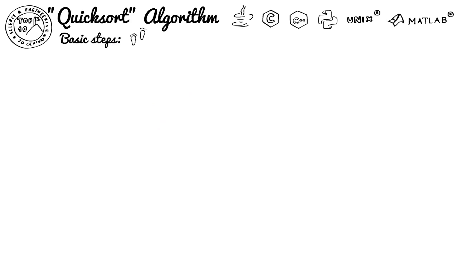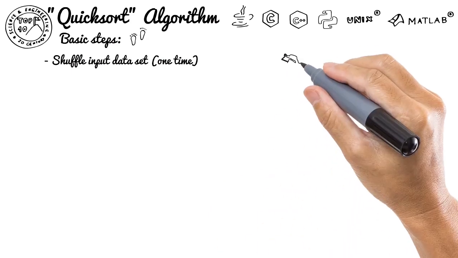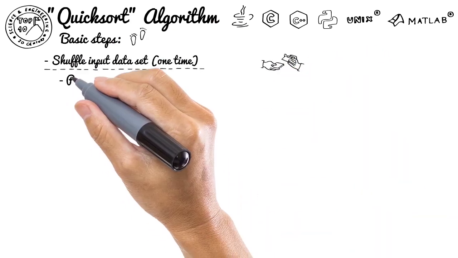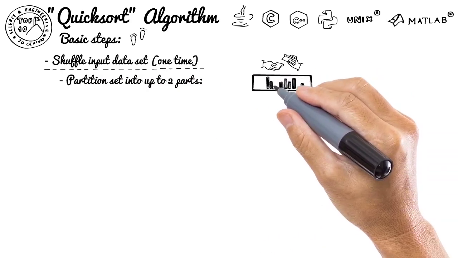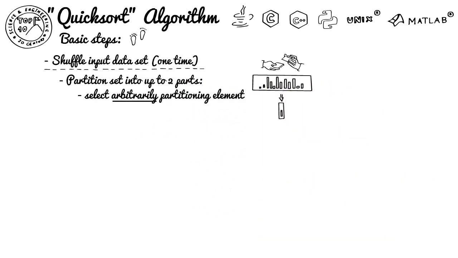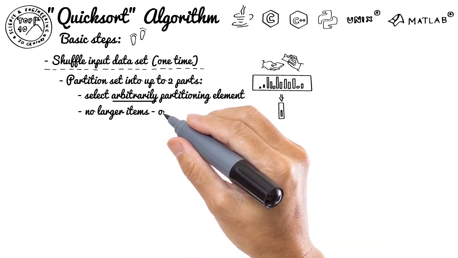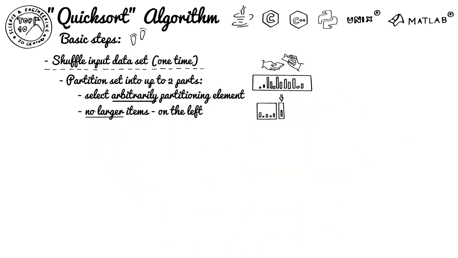These sorting steps are: shuffle input data set, a one-time preliminary step. Partition set into up to 2 parts divided by a selected element named partitioning element the following way. Select arbitrarily a partitioning element. No larger items compared with the selected element, if any, to put to the left of the selected element.